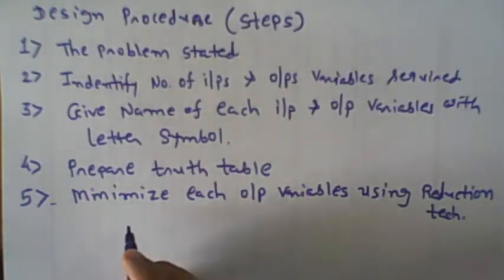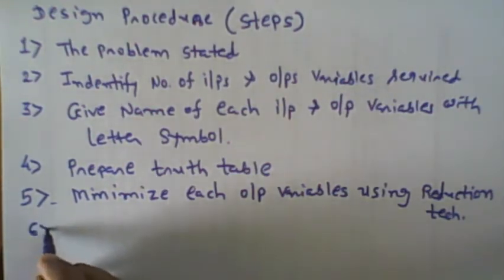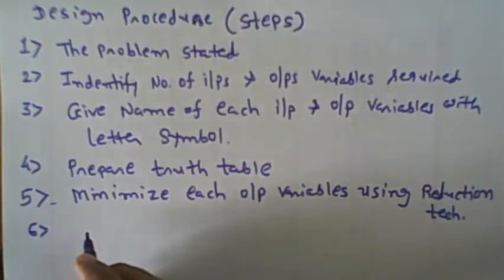After the fifth step, each output variable is a function of the input variables, as given by the truth table. We get the minimized Boolean equation after the fifth step.